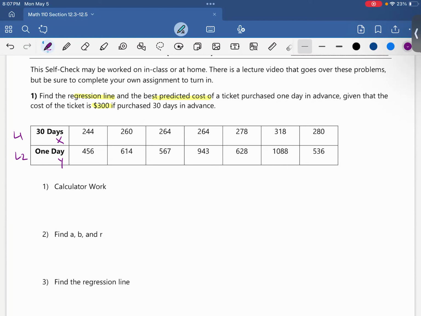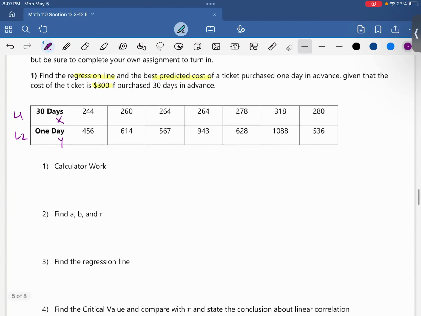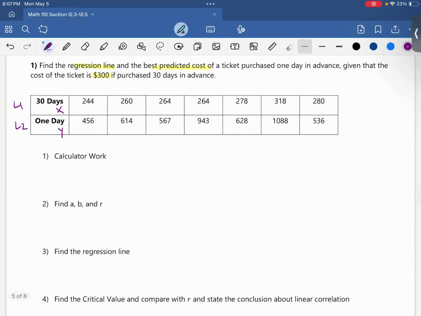So let's go ahead and get started on this problem. It's asking us for the regression line and linear correlation. The first thing we need to do is set up our calculator work. For this problem, it's going to be linear regression t-test, and it's the same as always: list one, list two, one, and not equal to.